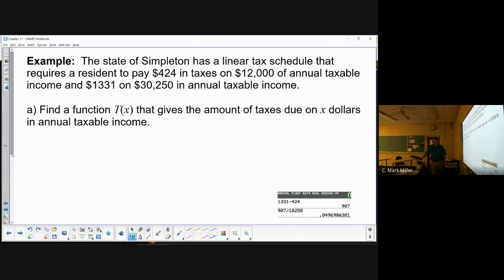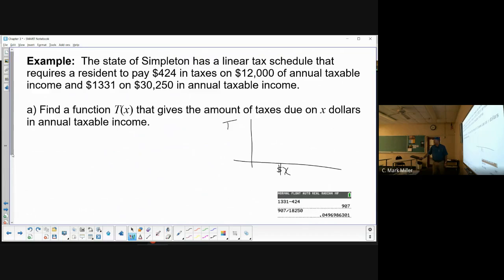That's what you need to get wrapped up in. Part A asked, find a function T of X that gives the amount of taxes due on X dollars. So this is T, this is X dollars of income, taxable income.